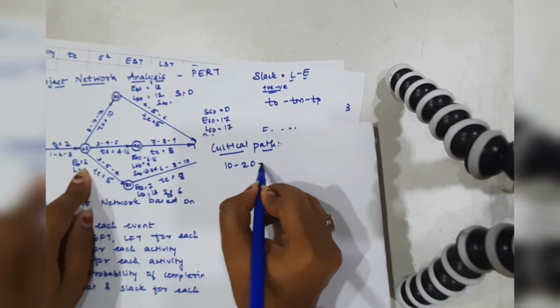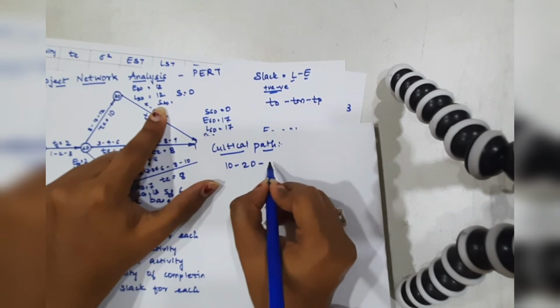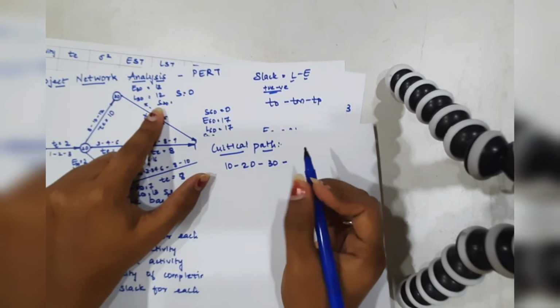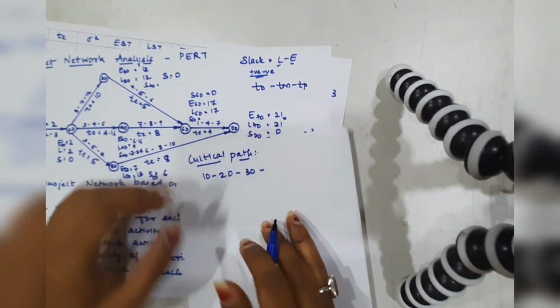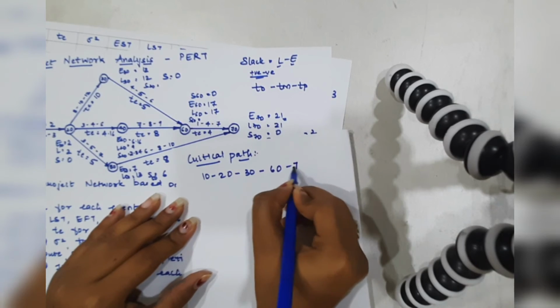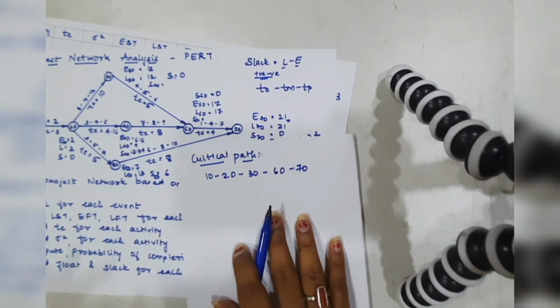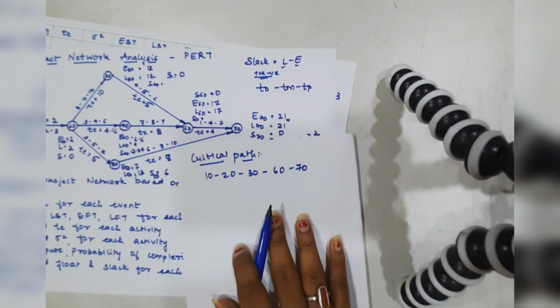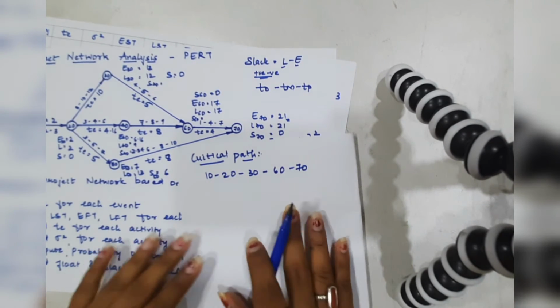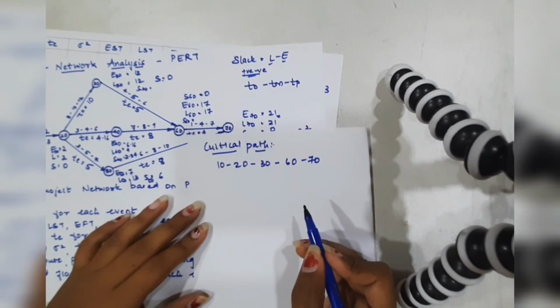Next would be 20 to 30. Next would be 60, having similar values, and 70. So the addition of all the TE values will give the maximum duration of the project. That is the critical path. So it is done.